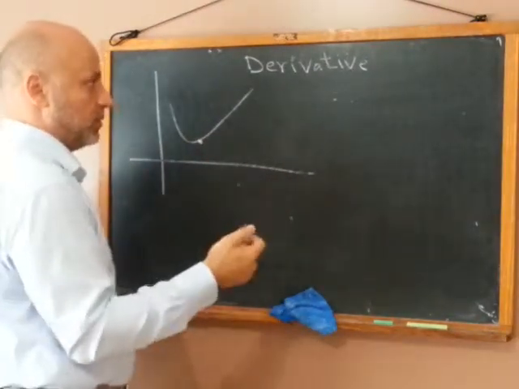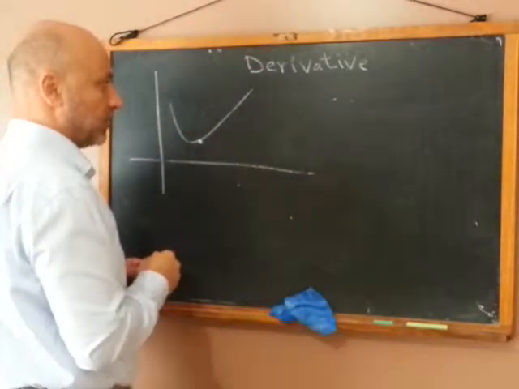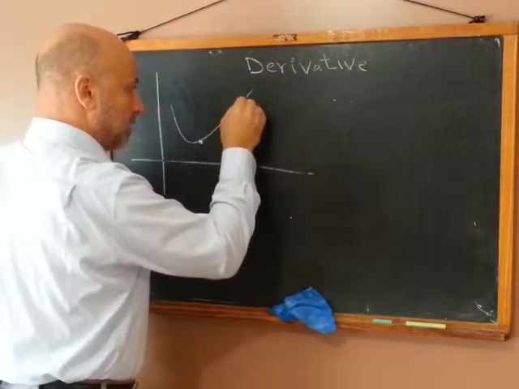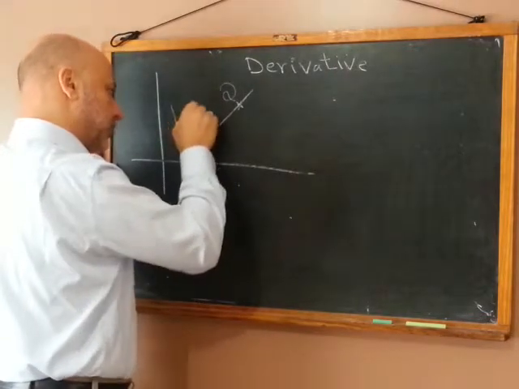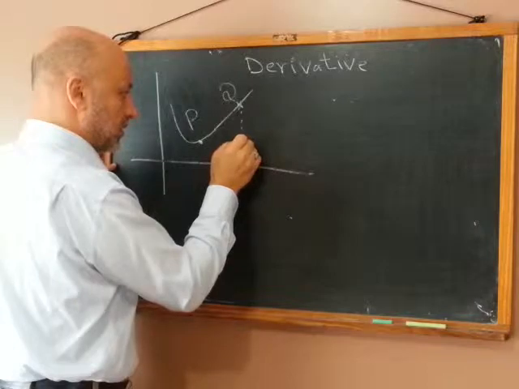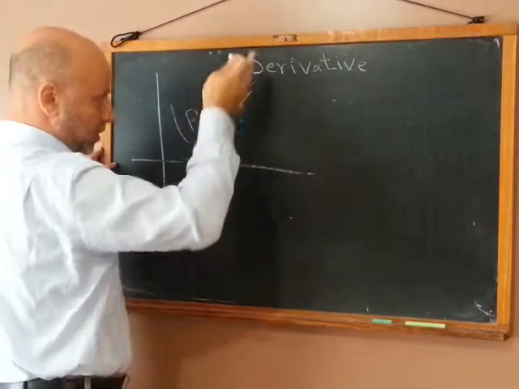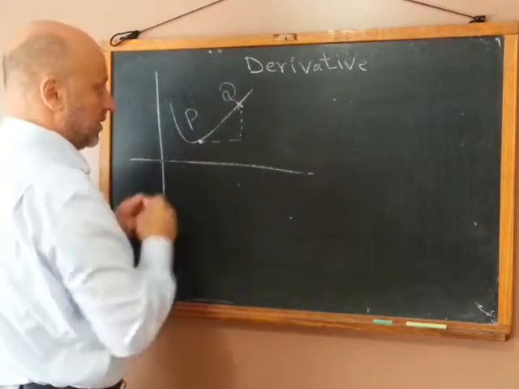We don't have 4 components to substitute as we did before. If we go back, let's say this is another point called point Q, and this is point P. Then if you connect these 2 points, you are going to get the slope like a straight line, if you consider.